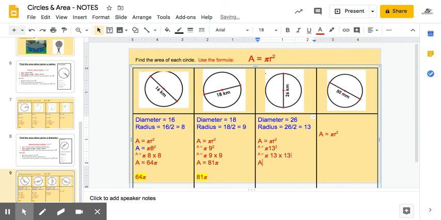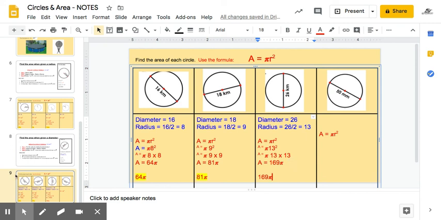Now I'm going to multiply those two numbers together. 13 times 13 is equal to 169. So I'm going to write 169, and then bring down the pi. That tells me that the area of this circle is 169 pi.